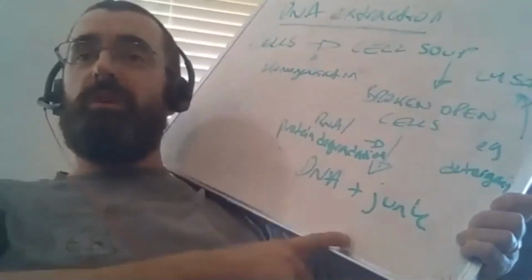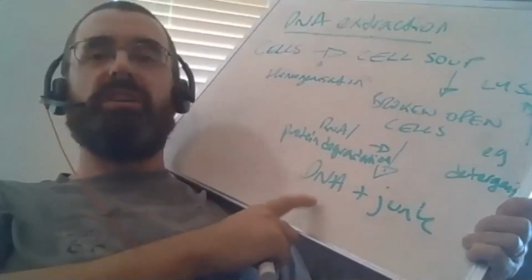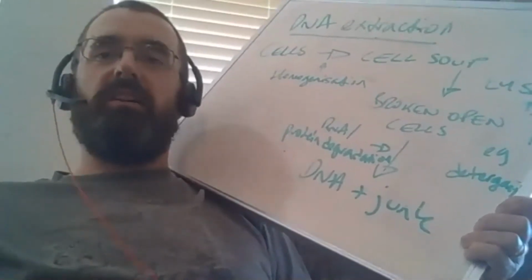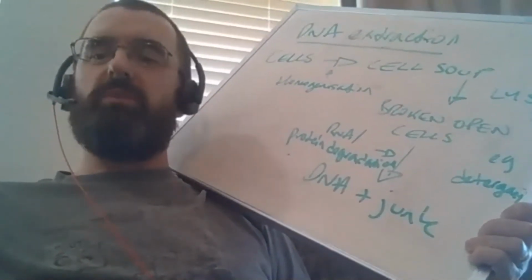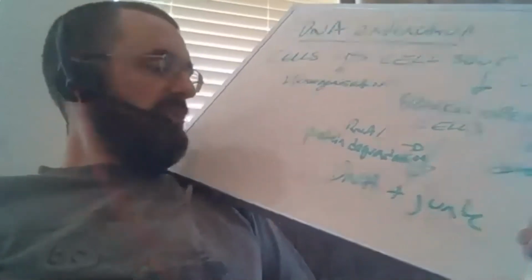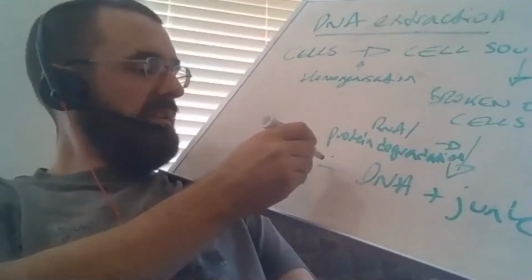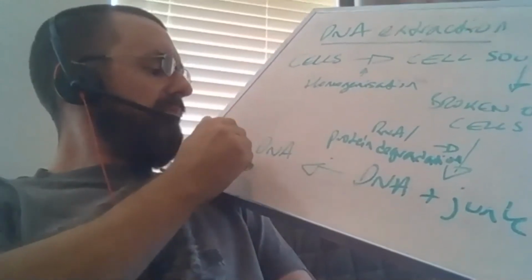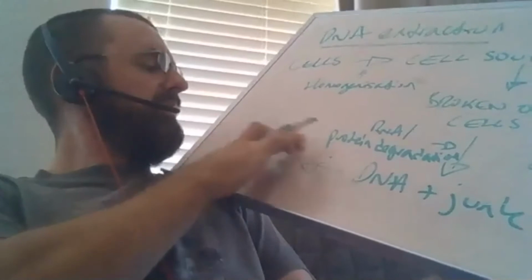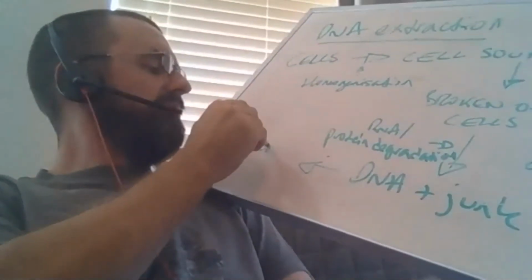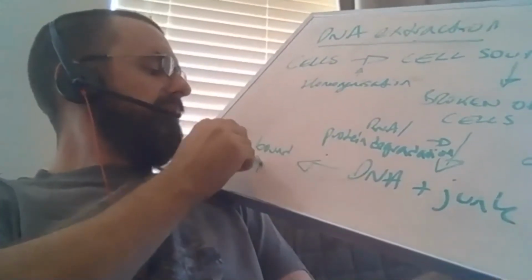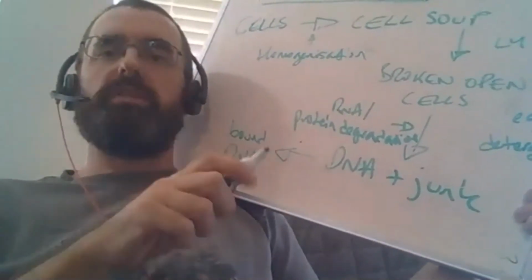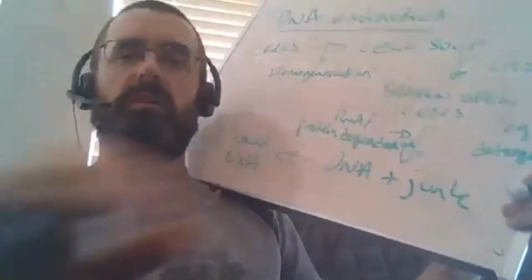Now, obviously, we don't want any junk. We want just DNA. And so the next step, which is kind of the simplest part, but also my favorite part in doing DNA extractions, is we put that on a little column called a spin column.